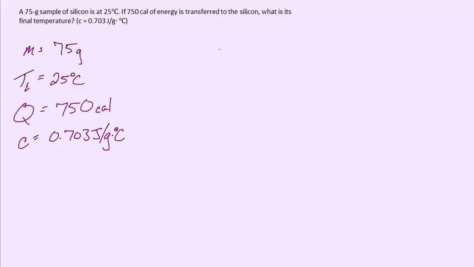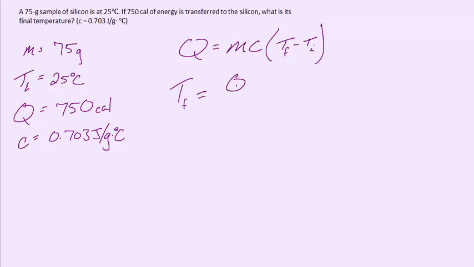And so we can use our equation where Q equals our mass multiplied by specific heat multiplied by our change in temperature. Since we're trying to find our final temperature, we can rearrange the equation. It will be equal to Q divided by mc plus our initial temperature.